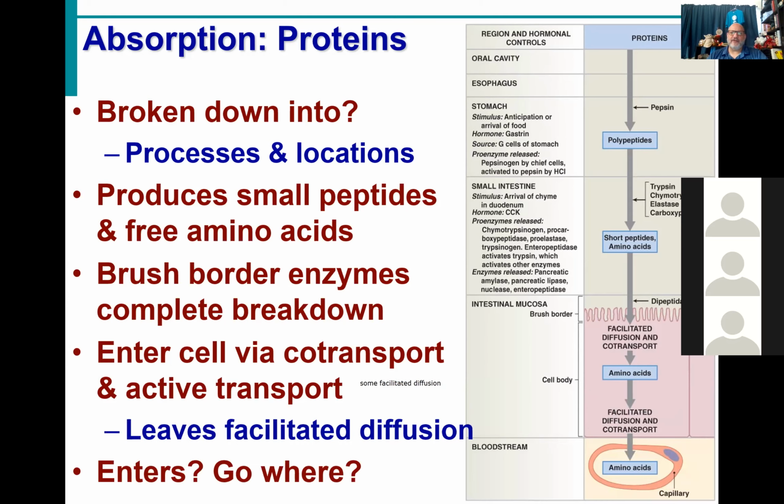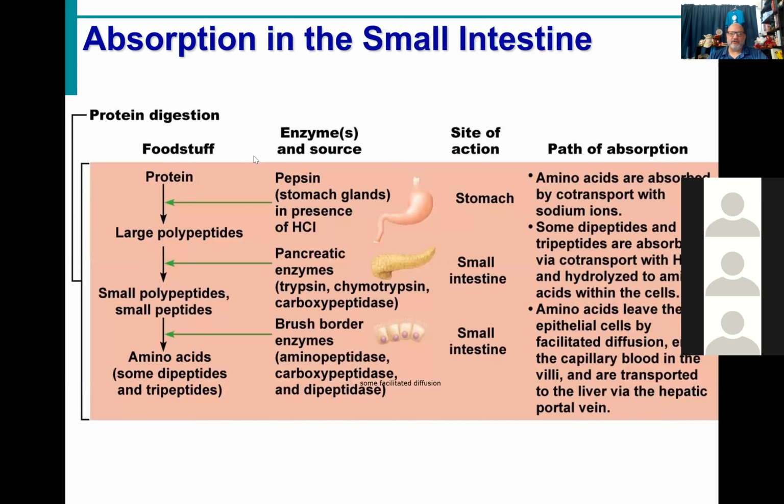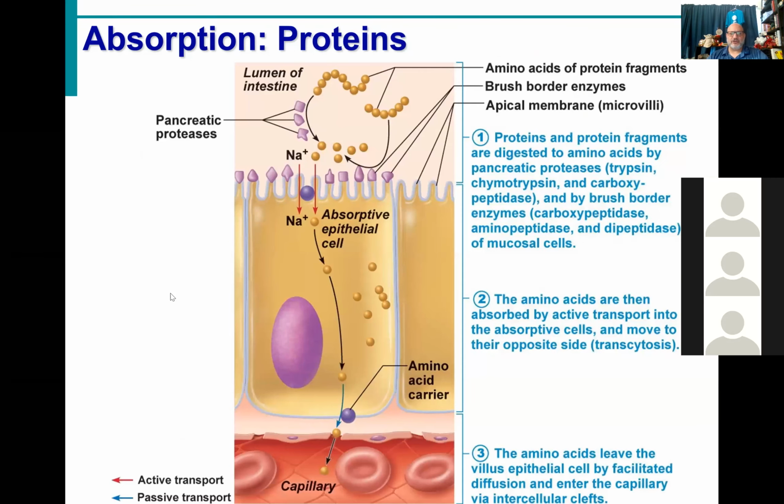Now, as I said, you don't have to know the names of the brush border enzymes, just know them collectively as brush border enzymes. You do need to know the names of the common pancreatic enzymes that are produced. And I guess because proteins are so darn important, your book does a nice job of not just giving us this chart like we saw the last time, but they give us a pretty picture for this as well.